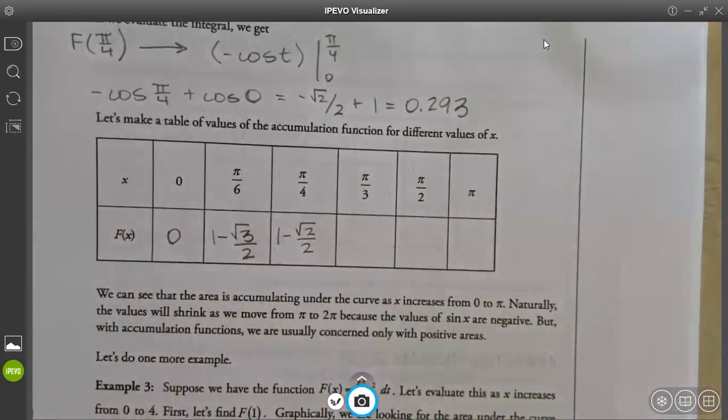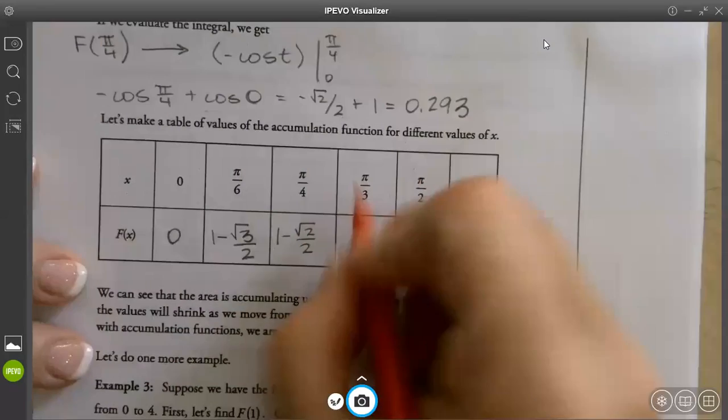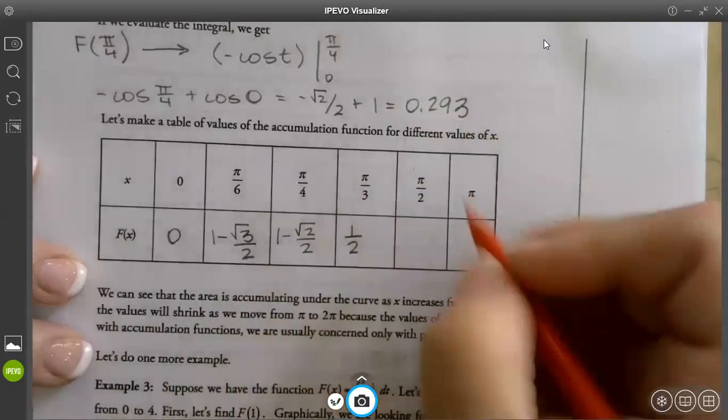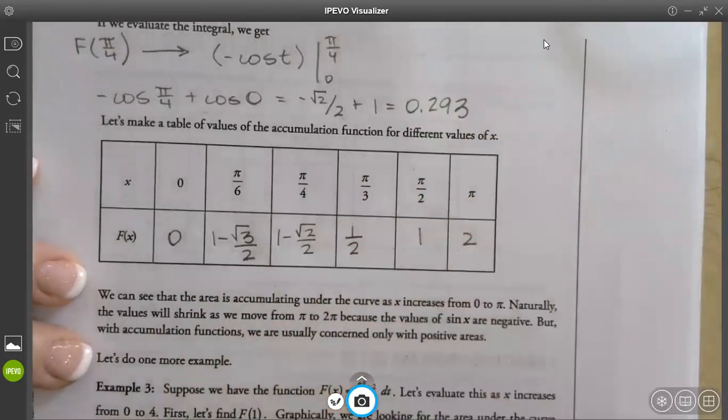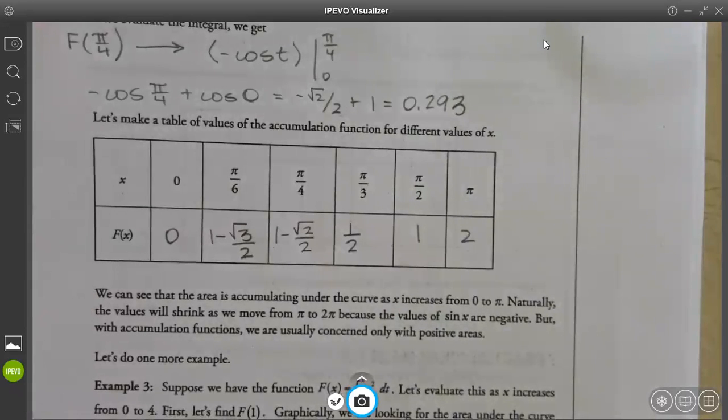I'm not doing pi over 3, pi over 2, or pi, but I will tell you that is going to be 1/2, 1, and 2. We can see that the area is accumulating under the curve as x increases from 0 to pi. Naturally, the values will shrink as we move from pi to 2 pi because the values of sine are negative.